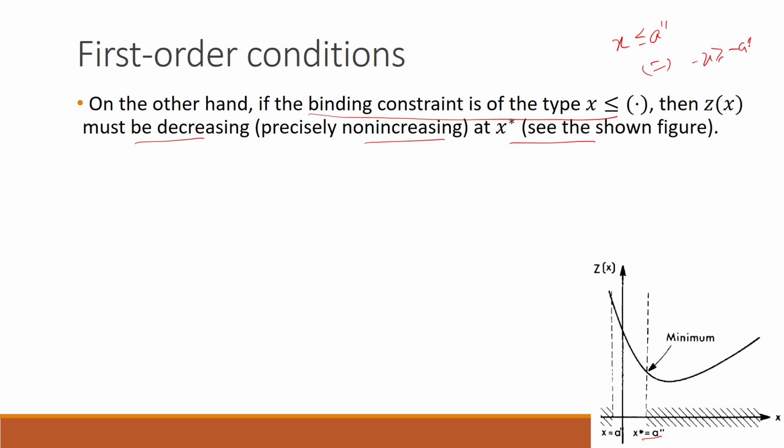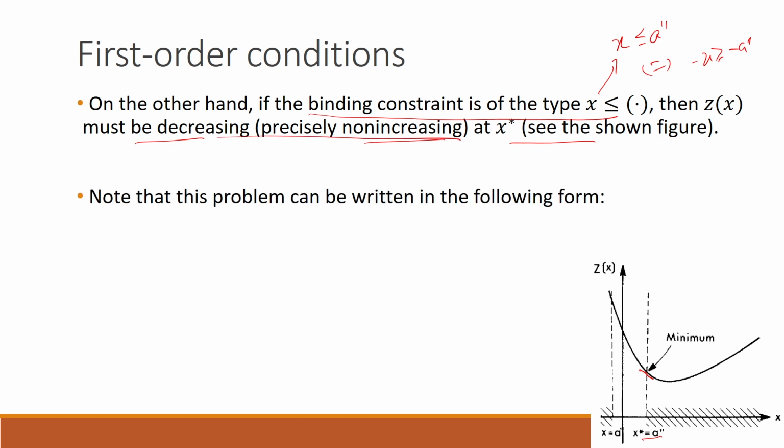Remember that. Now, this constraint is of the form that x is less than or equal to some constant. Here you can see that at this point where the minimum exists, the slope of the function is decreasing, which satisfies this condition. Therefore, this problem can be written in the following form. This is the optimization problem that we are focusing on. Minimize the function z(x).